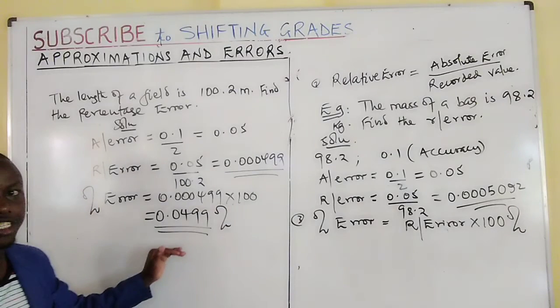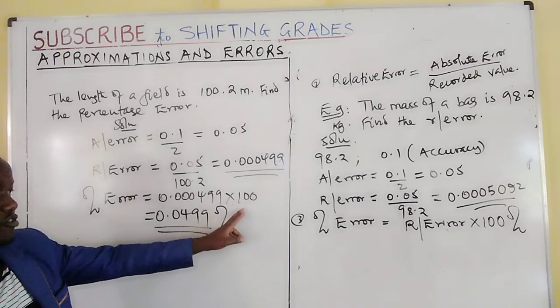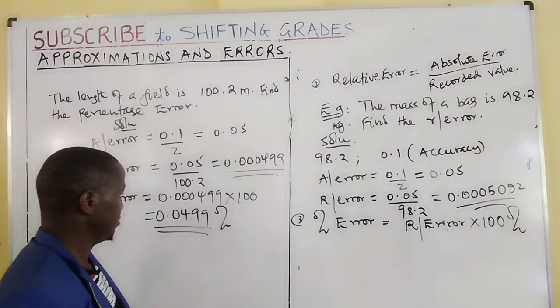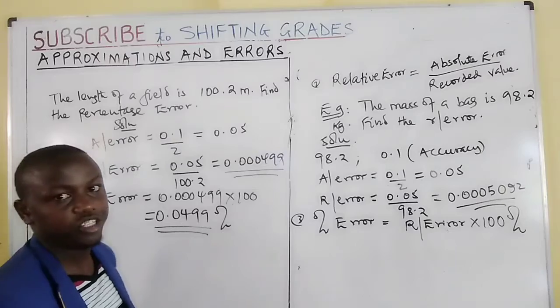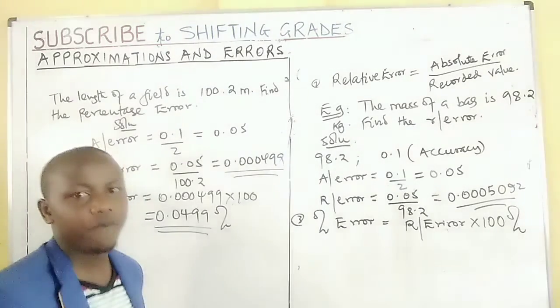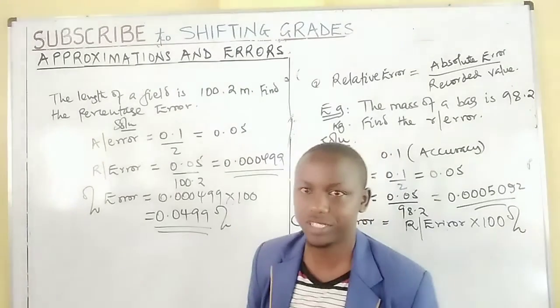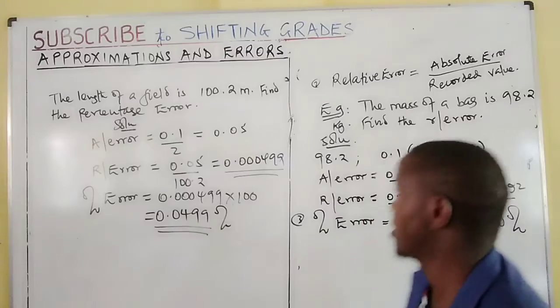So percentage error is relative error multiplied by 100. That's what we call the percentage error.